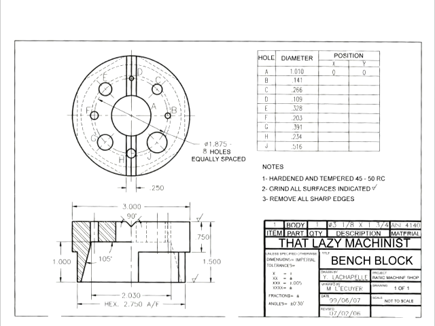This is a good representation of what a bench block looks like. If I look at the second view here, this view doesn't describe very much. It doesn't really give me a feeling for the shape of the part. So in this case, again, it's quite clear that this is my front view. And if this is my front view, this second view down here has to be my bottom view, because as I said earlier, we're working in third angle projection.